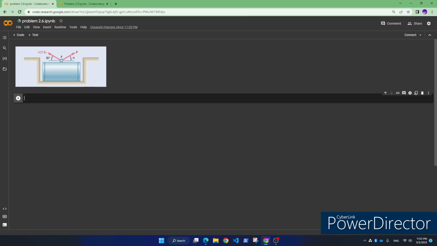Okay, so the problem goes like this. A steel tank is to be positioned in an excavation, similar to the image.